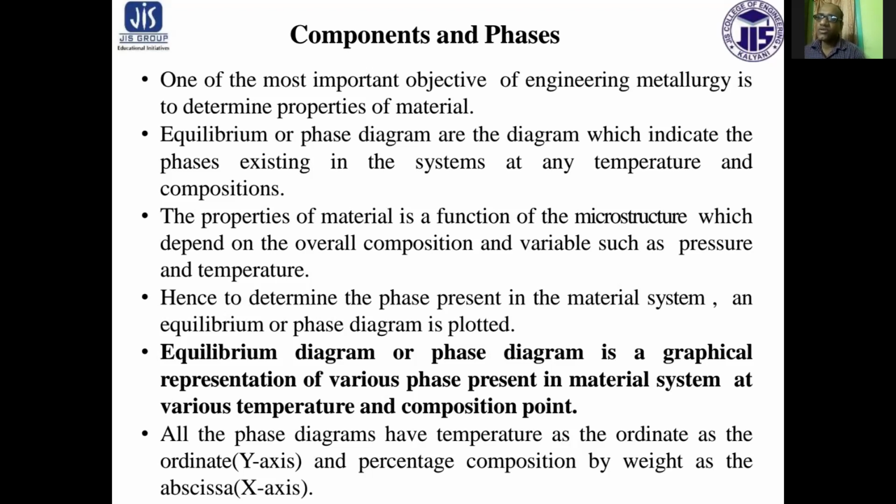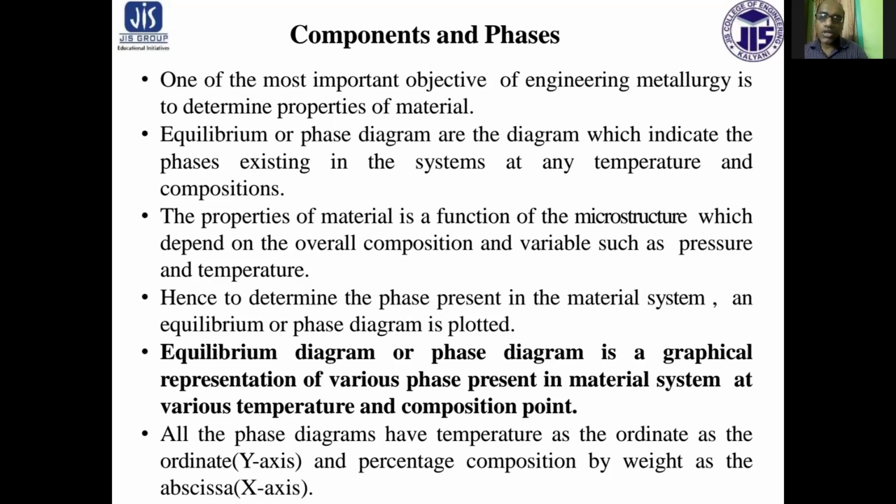So first of all, we need to understand what is the equilibrium diagram or phase diagram. Equilibrium diagram or phase diagram are the diagrams which indicate the phases existing in the system at any temperature and compositions.